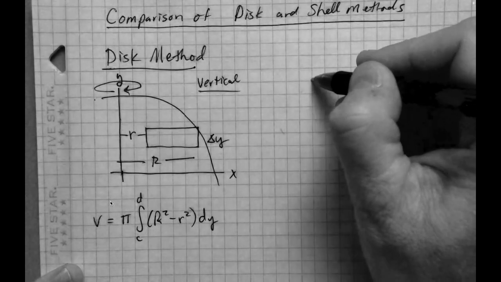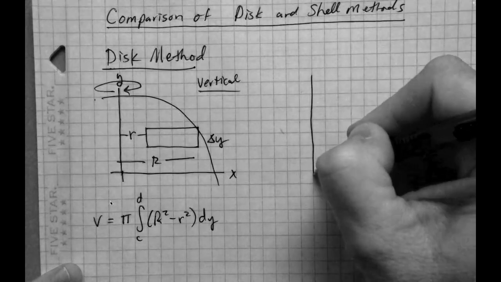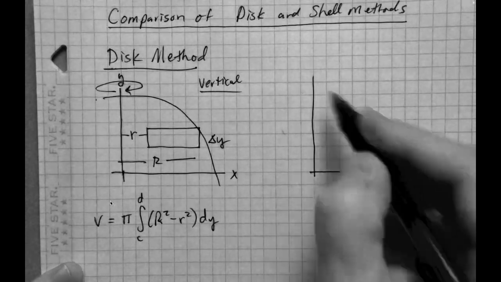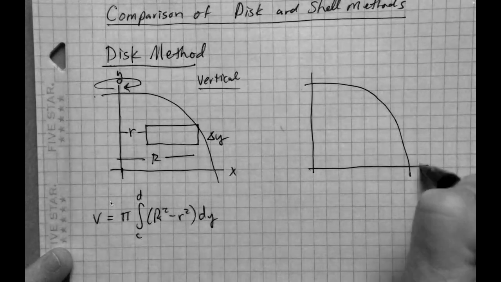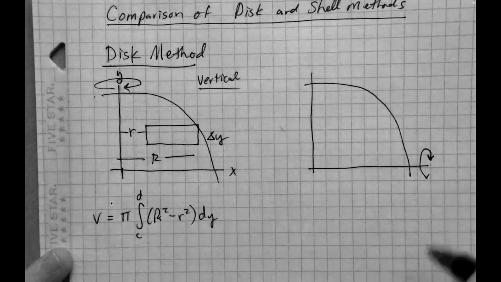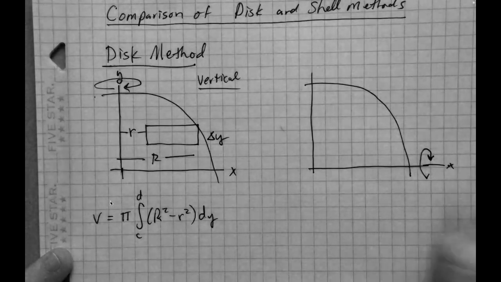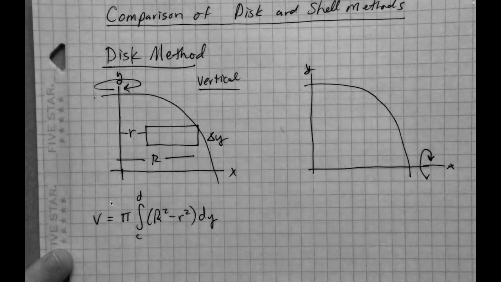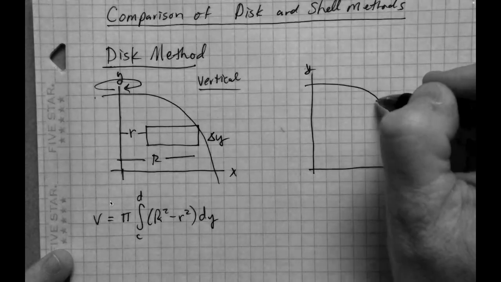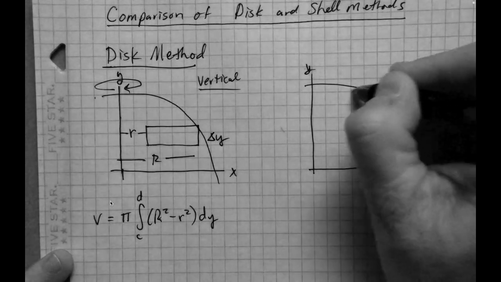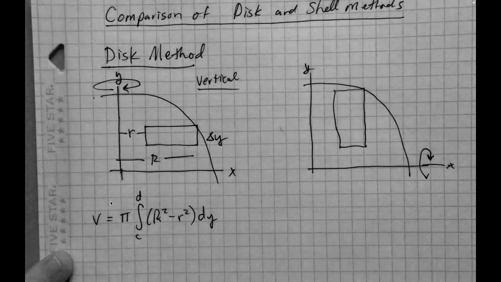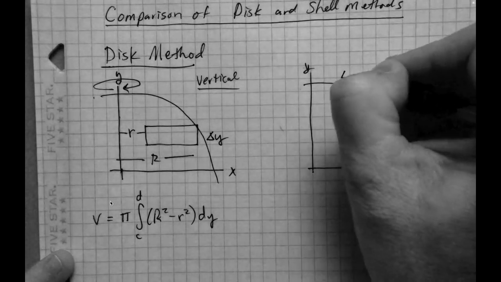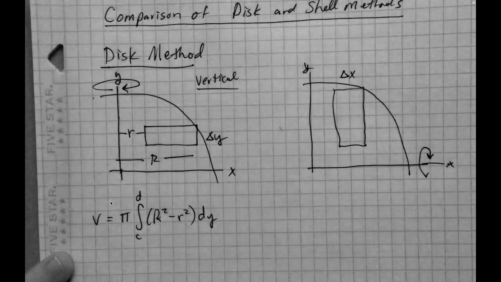What happens if we switch it to horizontal, right? So same function, right? This time we're going to rotate around the x-axis, right? So that means we're going to have vertical rectangles, okay? And that means we get a delta x width.